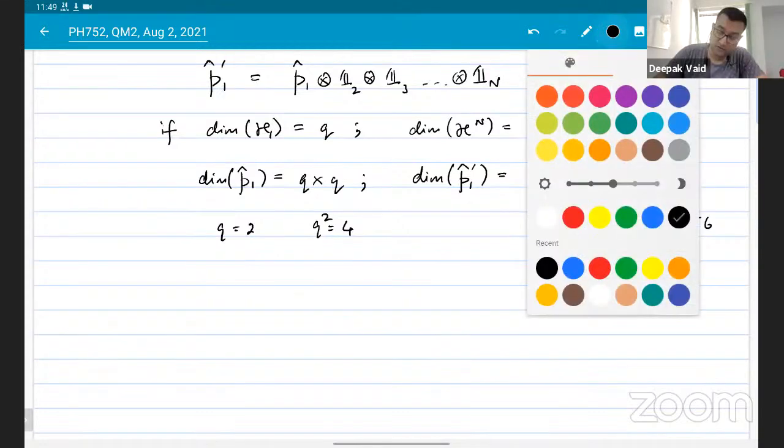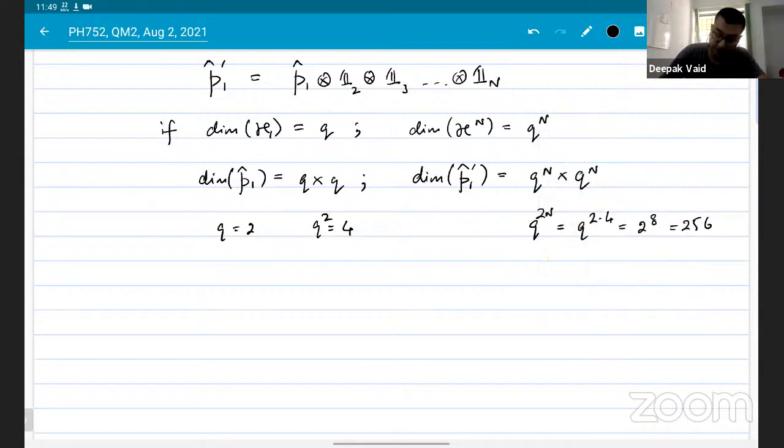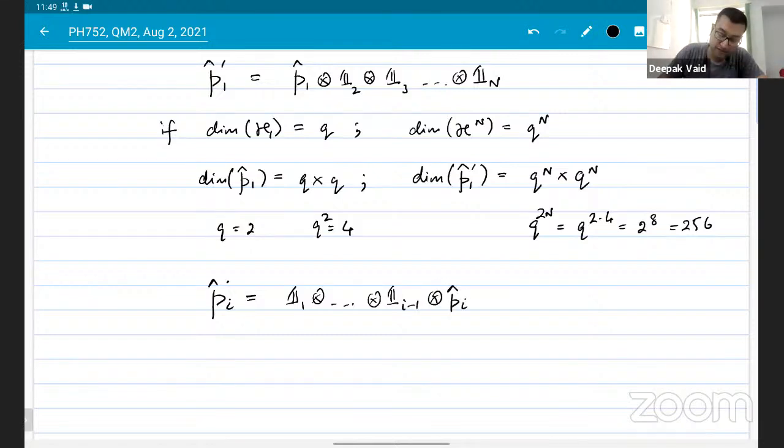So now, similarly, we can define P of i. P of i will be identity 1 through i minus 1, tensor P of i prime here, tensor identity i plus 1 through identity n.